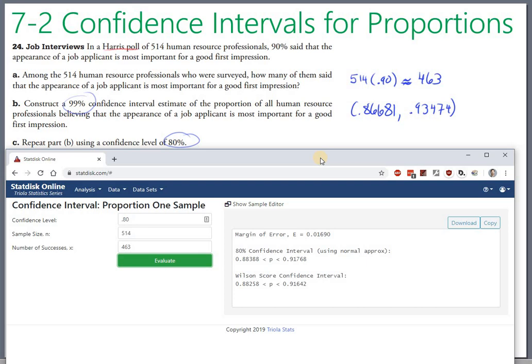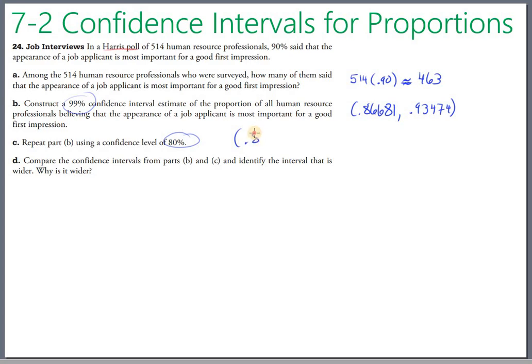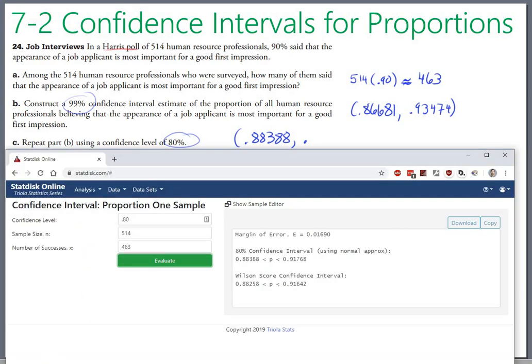But we're taking more of a risk that it's wrong and that the real value is not in there. We're only now 80% confident that these numbers contain the true value. So 0.88388 up to 0.91768.